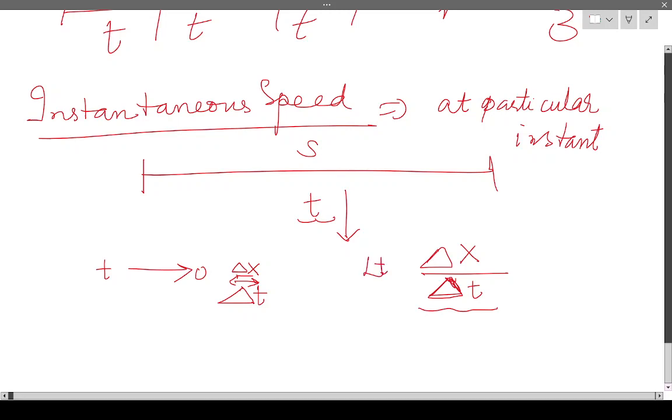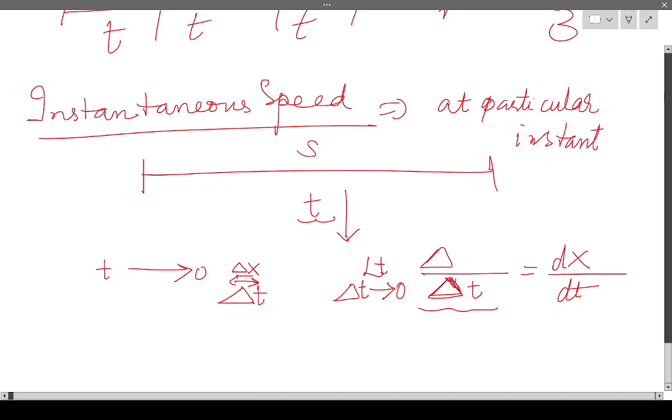This is the way to write it. Limit, LT stands for limit, delta t tends to zero. Mathematically, we will call this d by dt of s. Oh, sorry, here I made the notation as x, so I will take this as s itself.